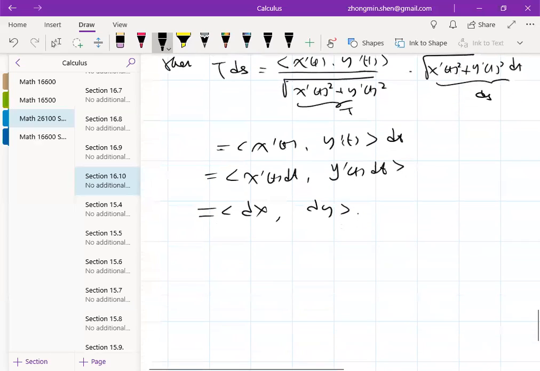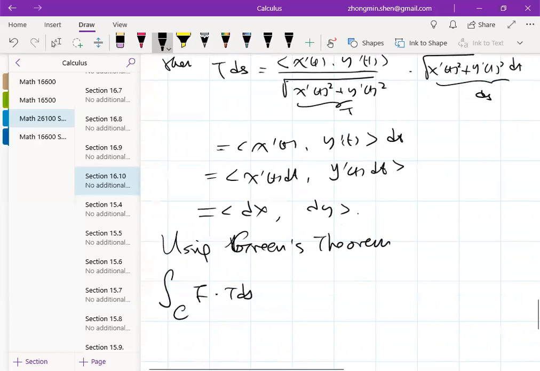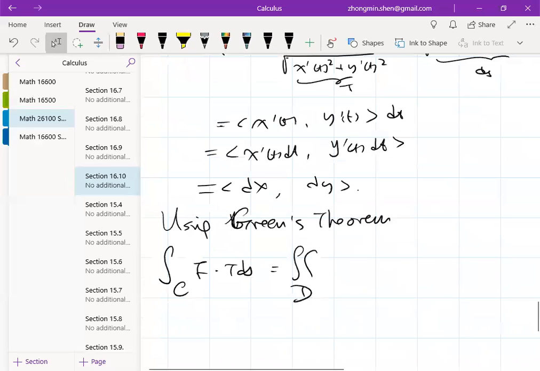Using Green's theorem, we can easily evaluate this line integral, and actually it becomes a double integral. It's going to be Q_x minus P_y dA.